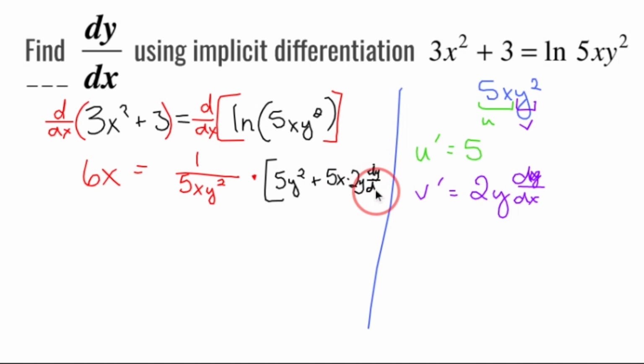V prime. Just making sure I got everything, and I did. Let me clean this up a little bit because I have a feeling some simplifying is going to happen, and I'll probably have to get rid of all that stuff over there too. So 6x equals, this actually just goes on the top, the numerator. So 5y squared plus 10xy dy/dx.